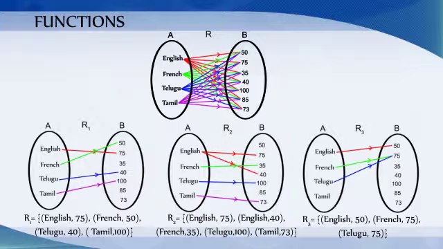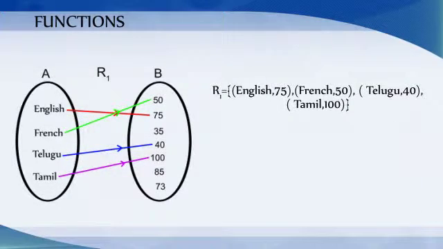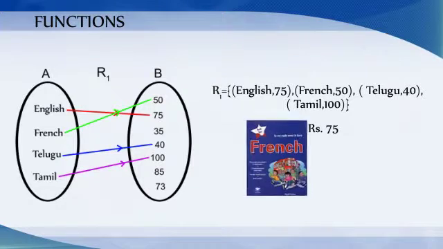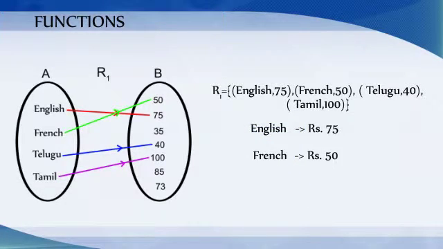All the three relations are giving information about the cost of each book. For example, R1 is equal to English, 75 means the cost of the English book is 75 rupees. Similarly, the cost of the French book is 50 rupees.